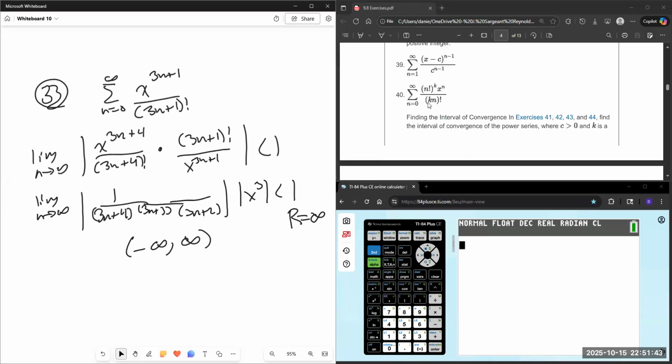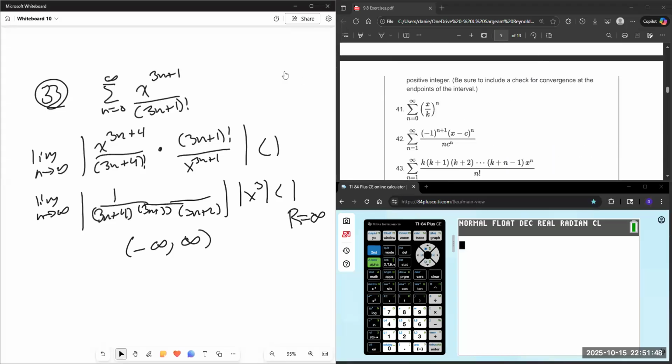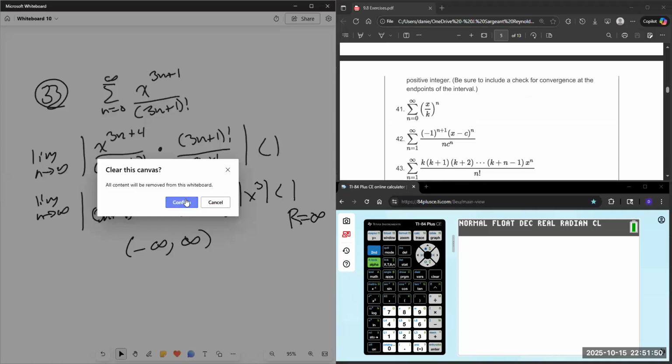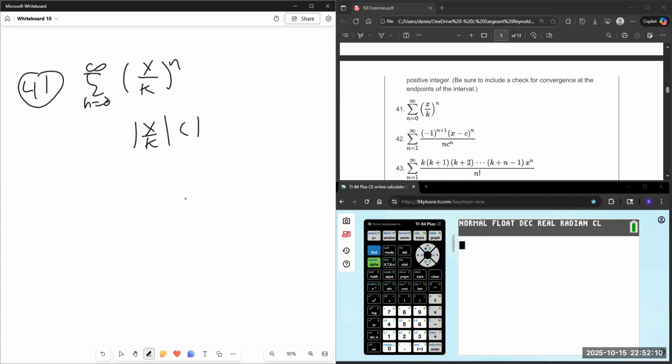Let's look at 41. Summation n equals 0 to infinity of x over k to the n. It's a geometric series, so that means the absolute value of x over k has to be less than 1. Absolute value of x has to be less than k.